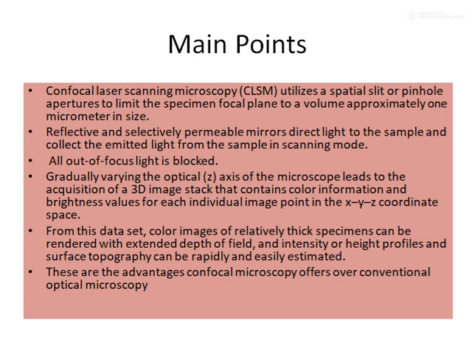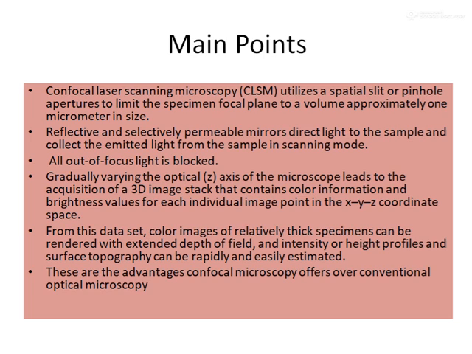We can see that color images of relatively thick specimens can be rendered with extended depth of field, and the intensity of the height profiles and the surface topography can be rapidly and easily estimated. These are some of the advantages of confocal microscopy over conventional optical microscopy.